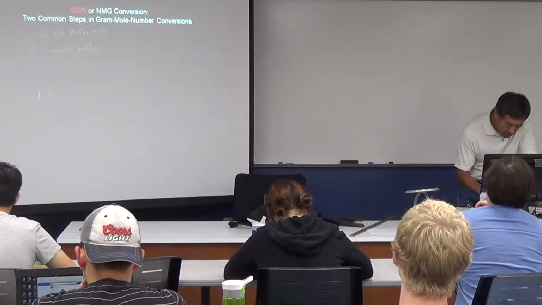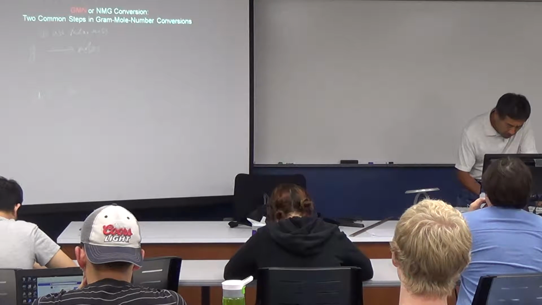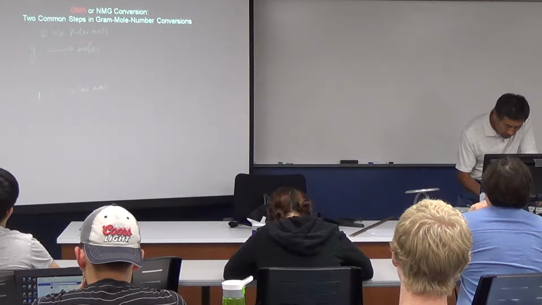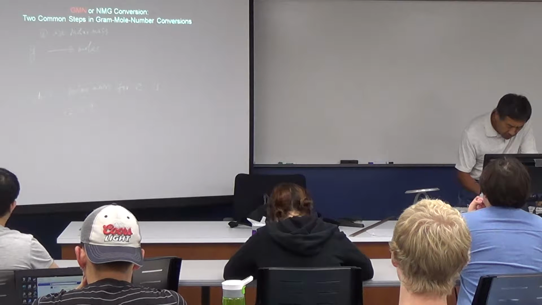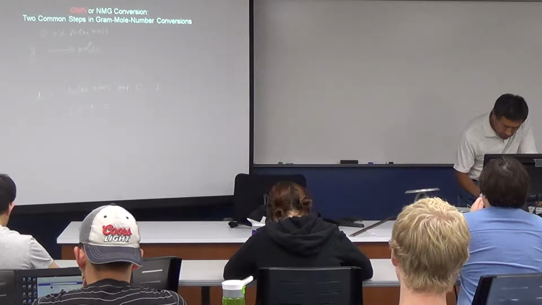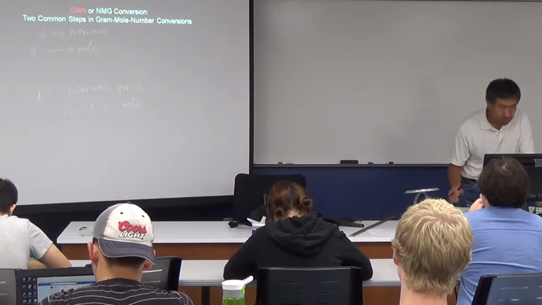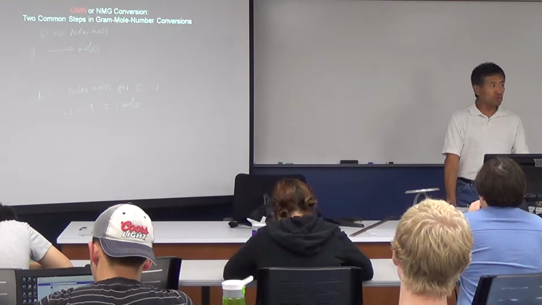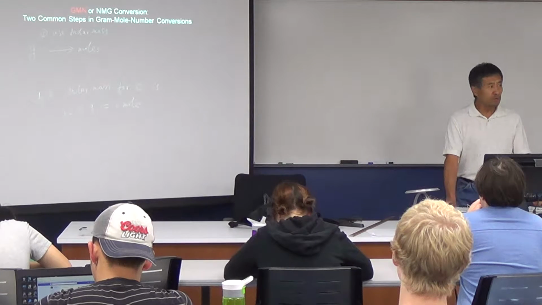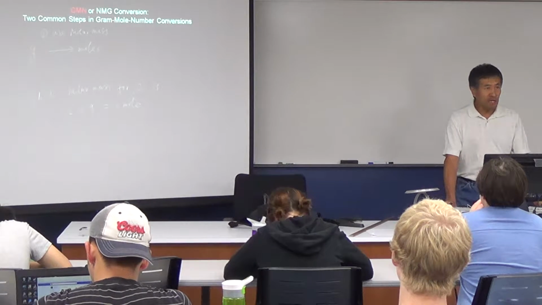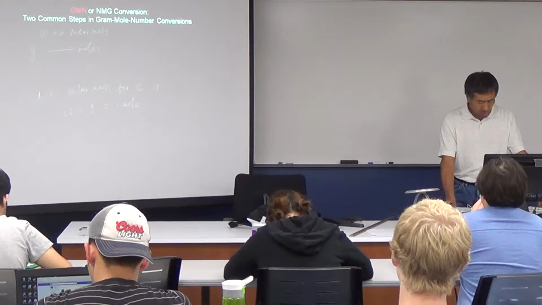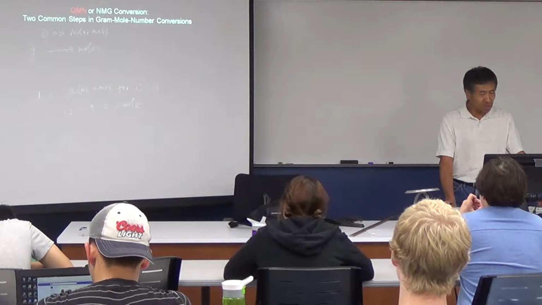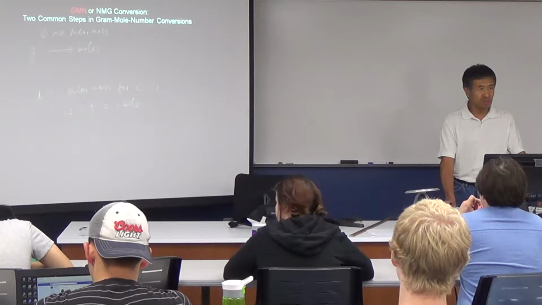Chapter 2: molar mass for C is 12.01 gram equals 1 mole. So that's what we learned in Chapter 2. You can read this number very quickly from the periodic table. Then you can use this equation as a fraction.